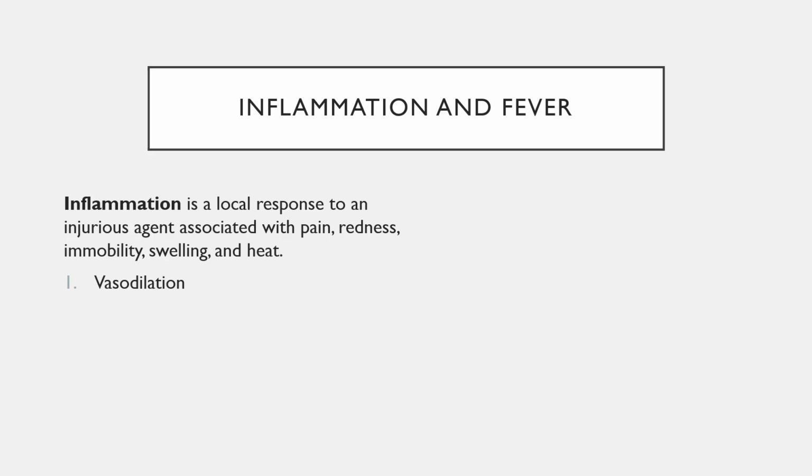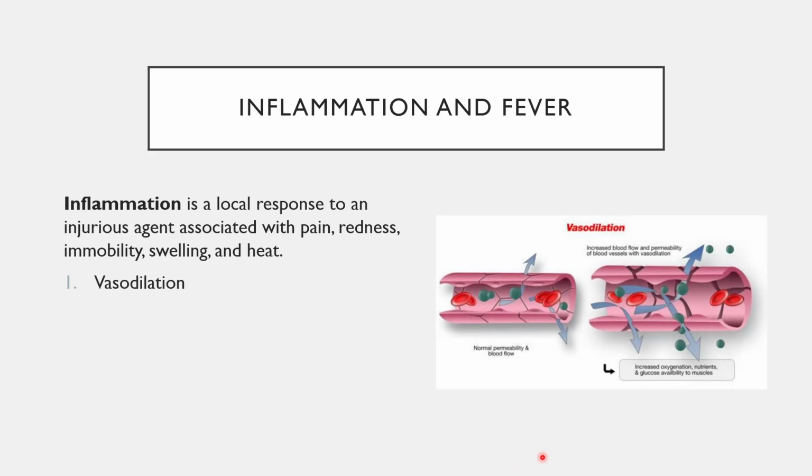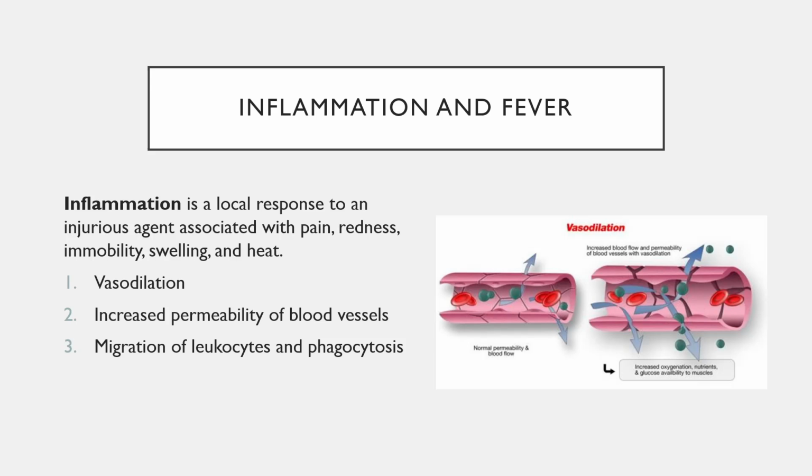This allows a larger volume of blood to flow to the area, and in addition, it increases their permeability such that the white blood cells that are traveling in the bloodstream are able to more easily exit those blood vessels and move into the tissues where they can conduct their activities. So the purpose of vasodilation is to enhance the immune response, increase the permeability of blood vessels, and therefore allow the migration of leukocytes where they can perform phagocytosis.